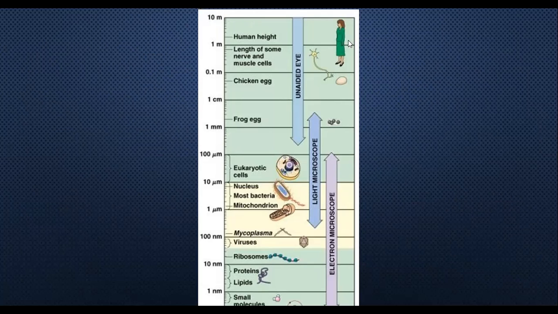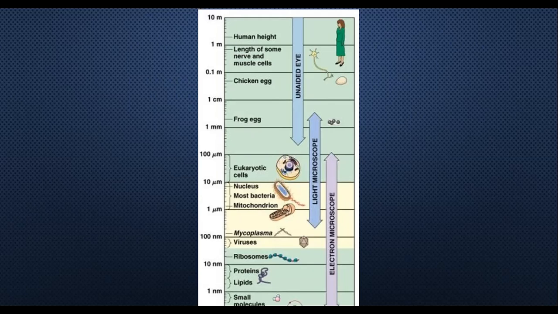So 10 meter is human height. Then if we go down to 1 meter, the length of some nerve and muscle cells. 0.1 meter is the chicken egg. 1 centimeter, frog egg.